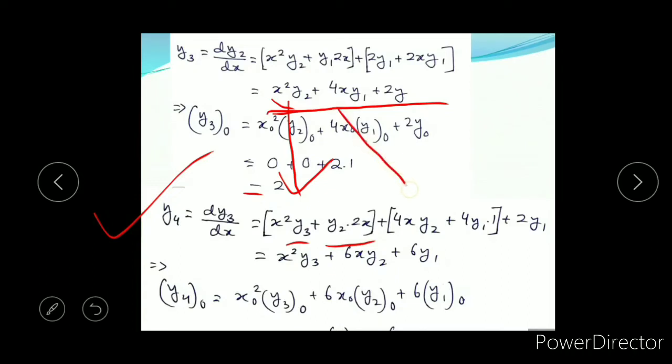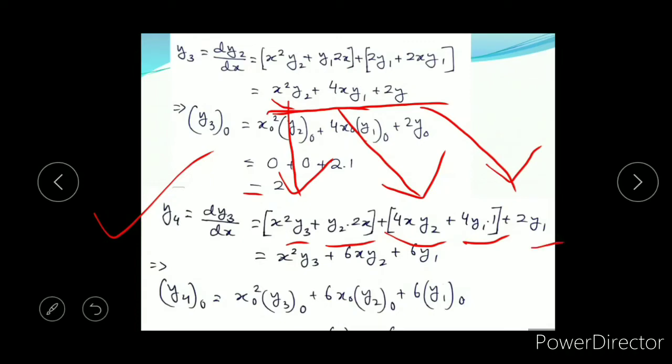Again from this, we get 4x into the derivation of y1, that is y2, and 4y1 into the derivation of x, so 4y1 into 1, and for 2y, after making the derivation we'll get y1.